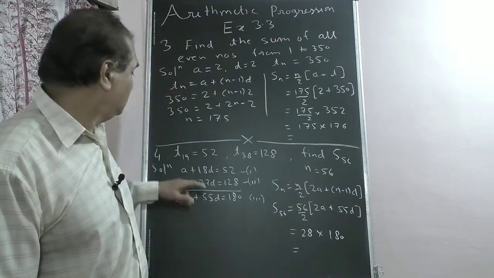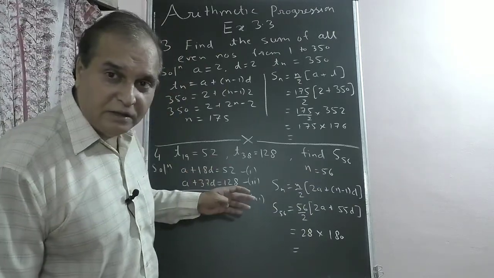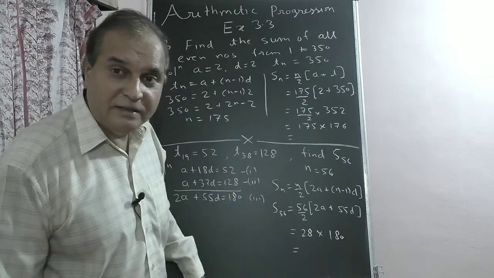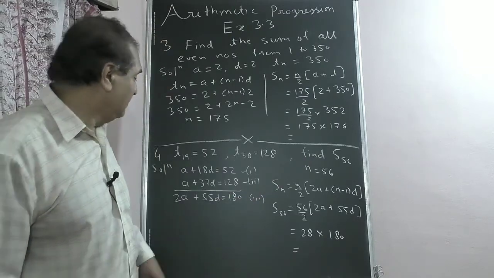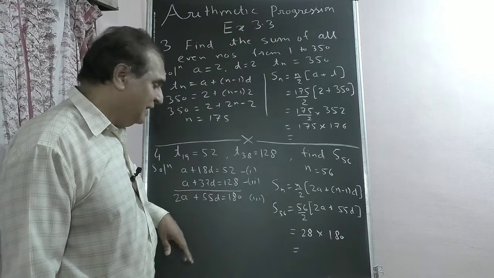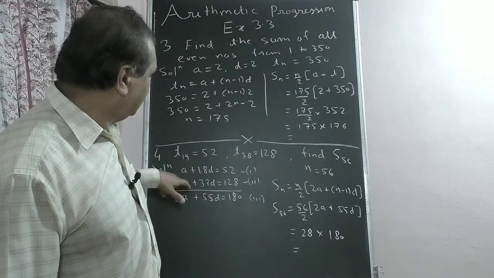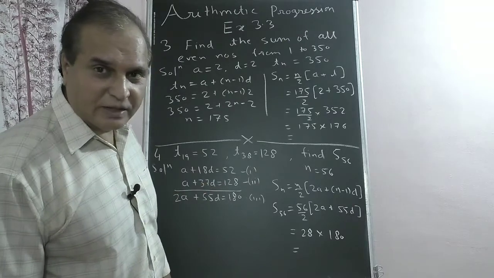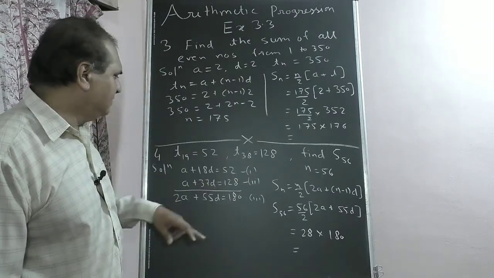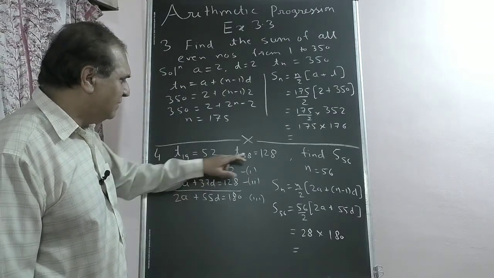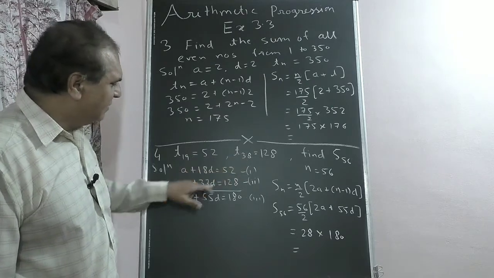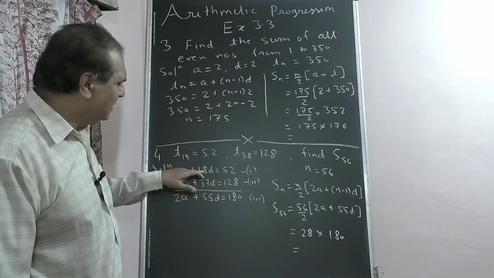You don't have A, you don't have D, you have only n. So what we will do is use some idea. A plus T19 is 52, A plus 18D is 52, right? And T38 is 128. So A plus 37D. It is n minus 1 always: 38 minus 1, 37. 19 minus 1, 18.